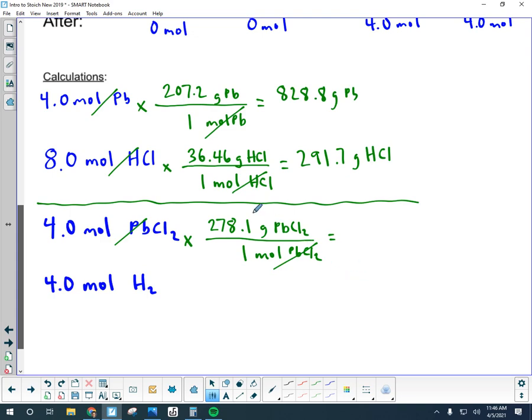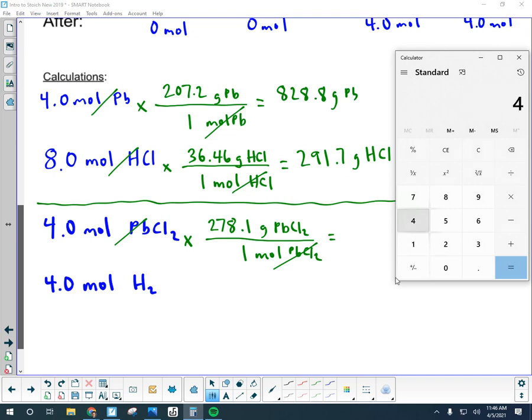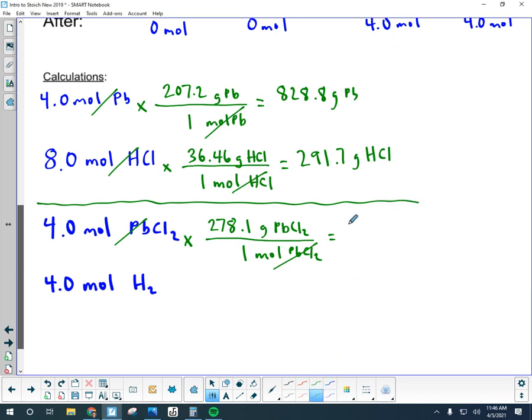And again, this is the mass in 1 mole. If we have 4 moles, it should make sense that we're multiplying by 4. So I'll take 4 times 278.1 equals, and again, I'll be consistent to the tenths place, so 1,112.4. And that would be, again, the mass of PbCl2 that forms in the reaction.